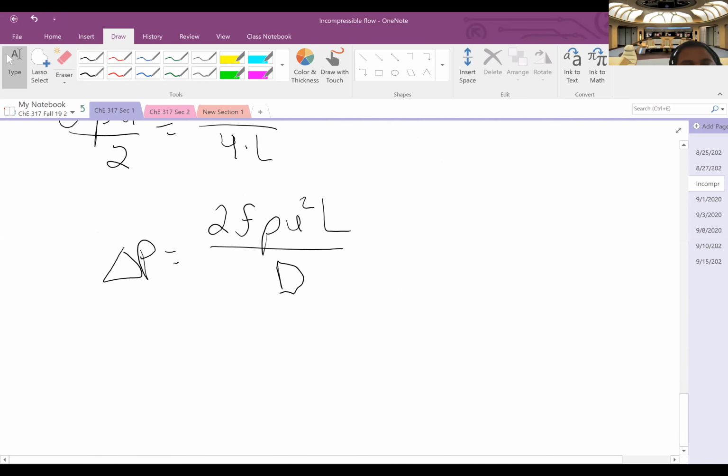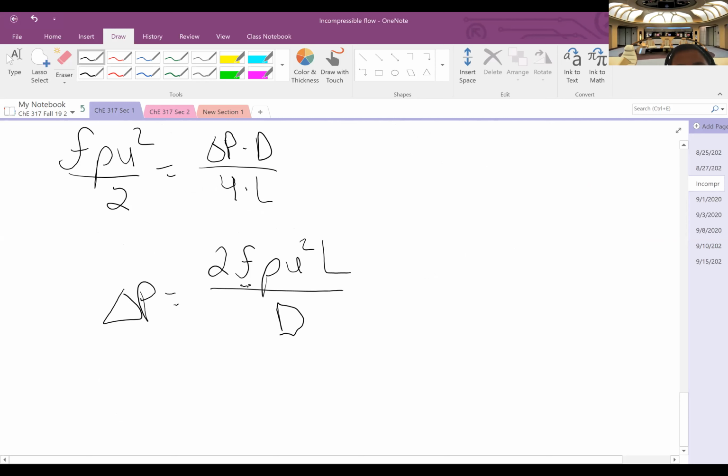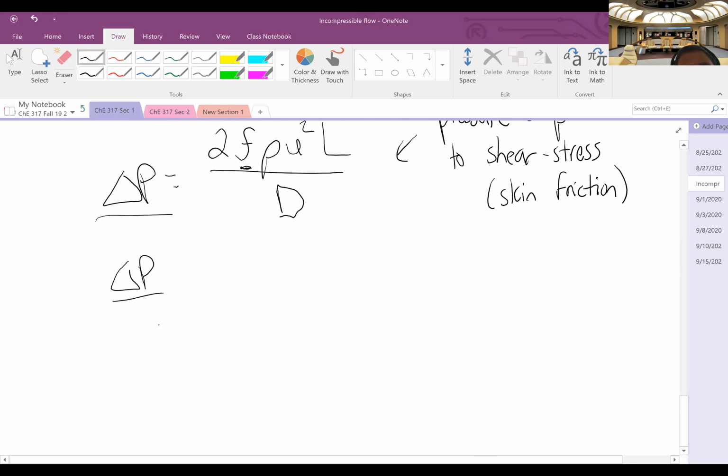And this is an extremely important expression because now, through use of a friction factor, which I can estimate, I can directly solve for an expected pressure drop from skin friction. And if I wanted to solve for pressure drop per unit length, it's simply 2 times the friction factor times density times velocity squared over diameter.